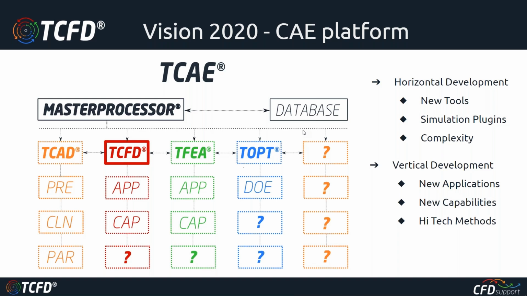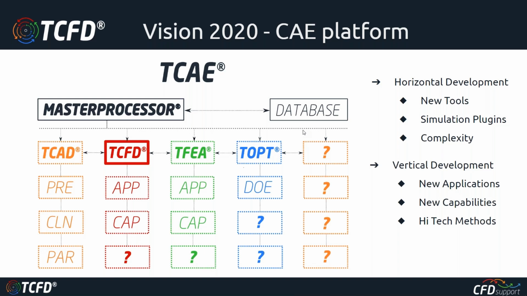The whole workflow will be managed by an automated master process, which communicates the results with the database, and TCFD will still keep its modularity, and it will be able to be used inside any other workflow.